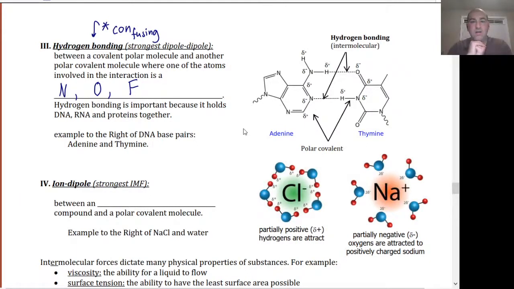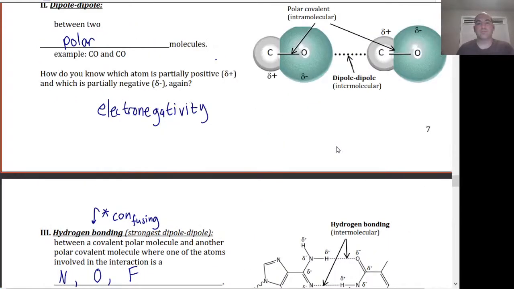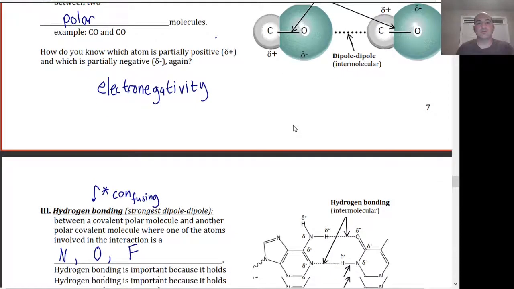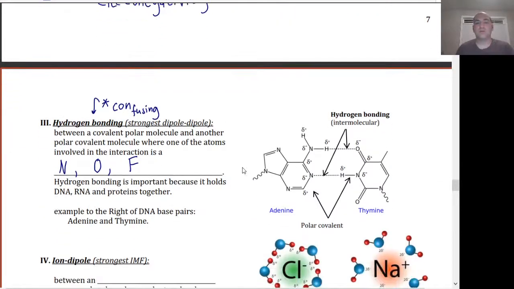So when there's a hydrogen connected to one of those and interacting with another one, like here you have a nitrogen-hydrogen bond being attractive with a negatively charged oxygen on the other side, then you can have hydrogen bonding. And hydrogen bonding is a stronger interaction than the dipolar interactions we just talked about over here. So when you can have nitrogen, oxygen, or fluorine involved, you have a stronger interaction.